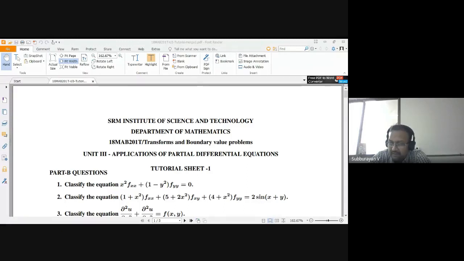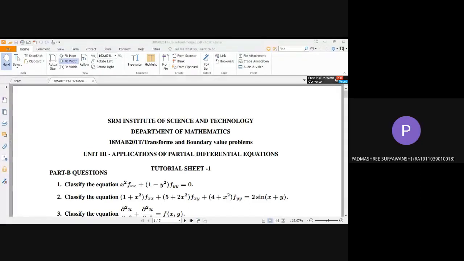The only thing is we have to identify the region for the variable y. So y should be strictly less than 1.